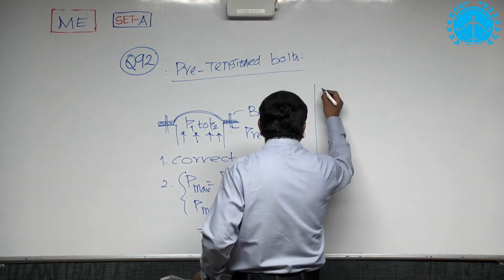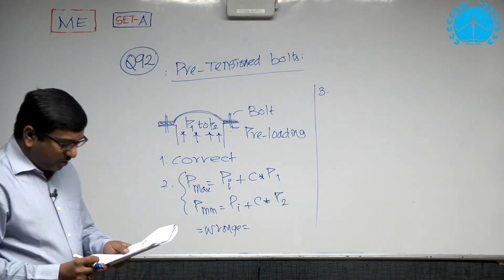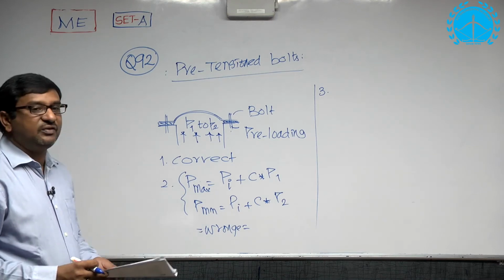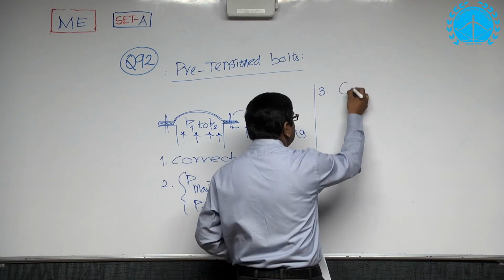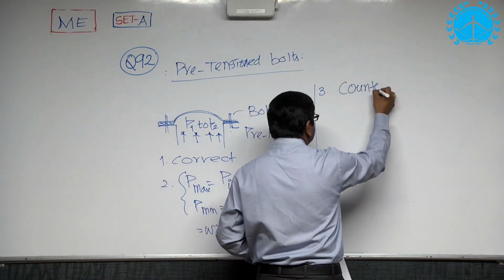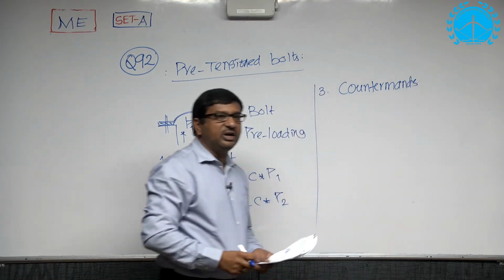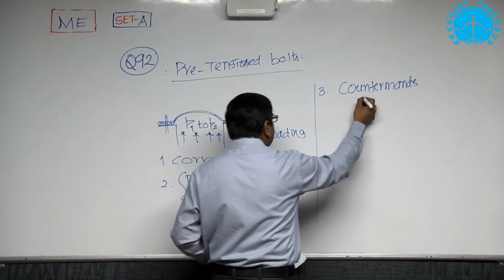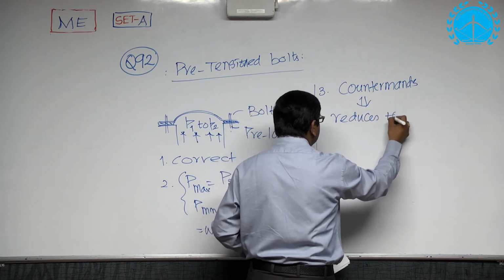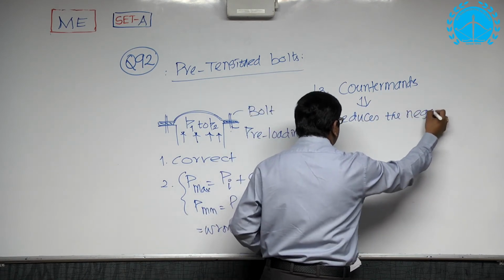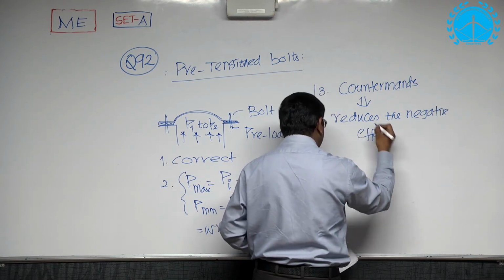But when you go for the third statement: pre-tensioning countermands the fatigue life of the bolts. Countermand means reducing the negative effects.